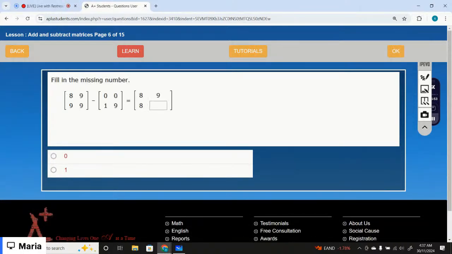Fill in the missing number. That is 9 minus 9 is 0. Option number 1 is the correct option.